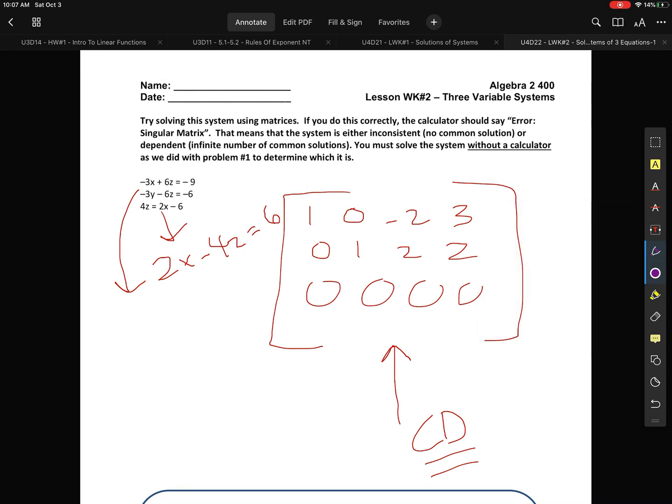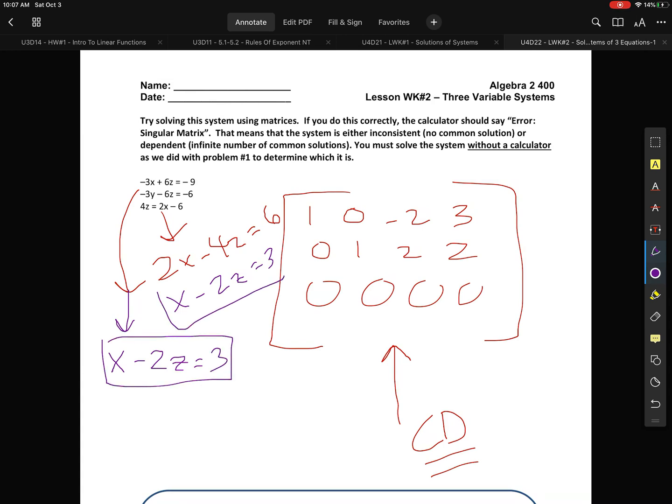All right, so if I divided this one by 2, I'd have x minus 2z equals 3. If I divide this equation by 3, I would have x minus 2z equals 3. So equation 1 and equation 3 end up being the exact same equation, which, as we've learned, is consistent dependent. All the points that work on those lines are mathematical solutions to this system.